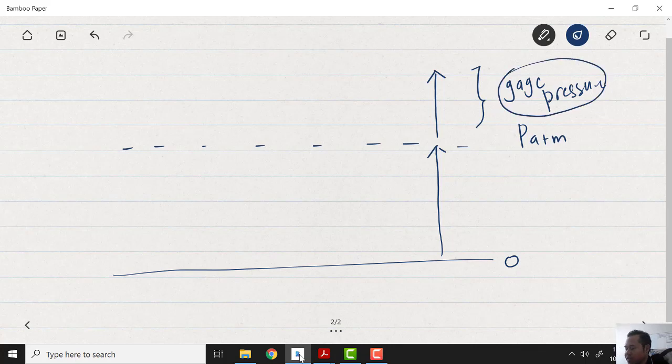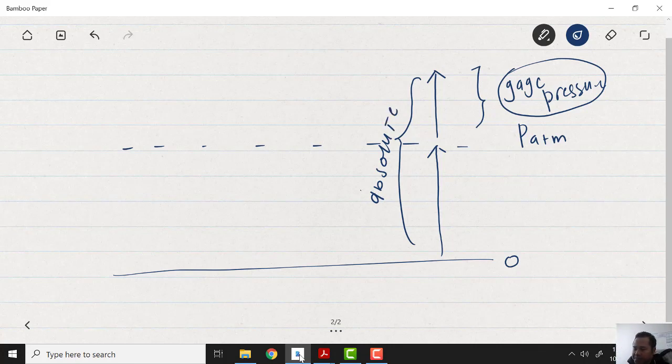If you measure a pressure starting from zero until above PATM, then we get absolute pressure.